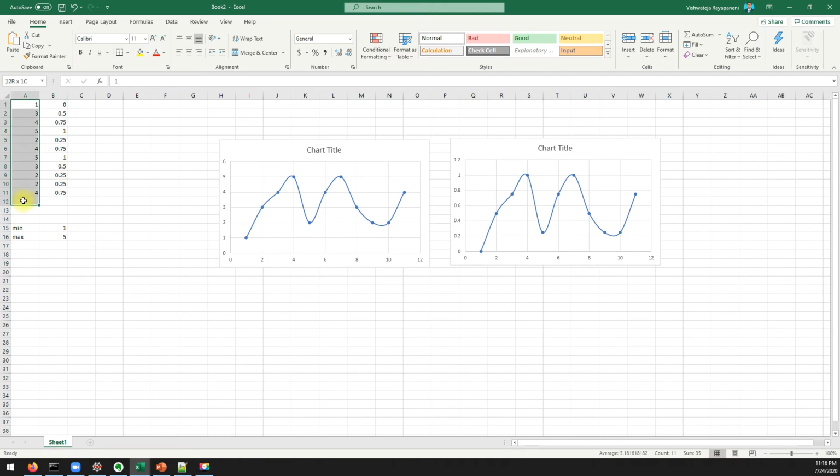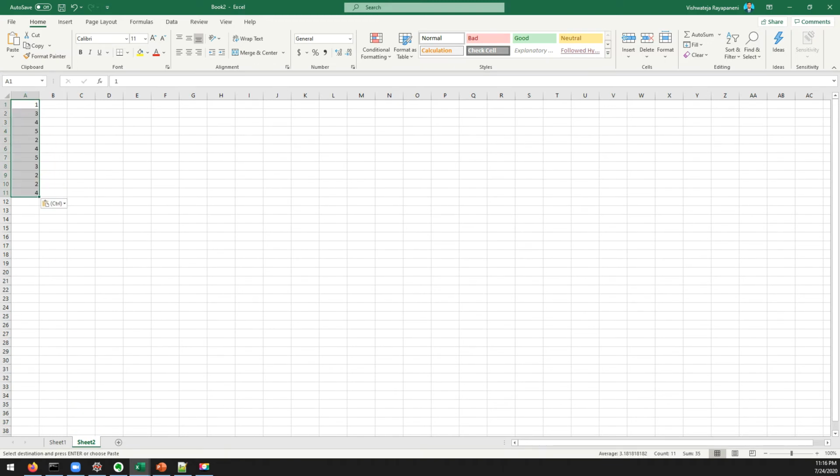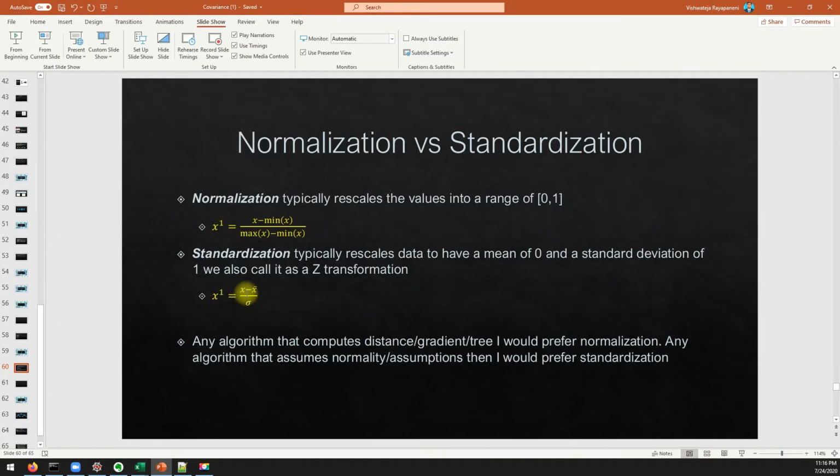Now we'll take the same data and find the standardization. We know the formula of standardization: x minus mean of x, divided by standard deviation.